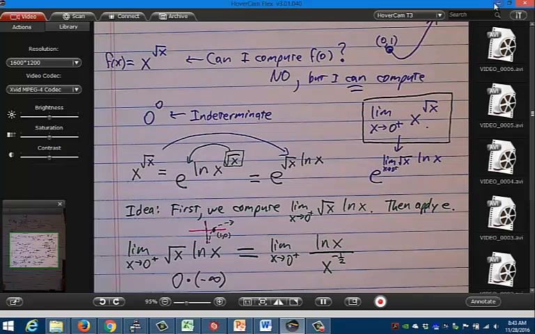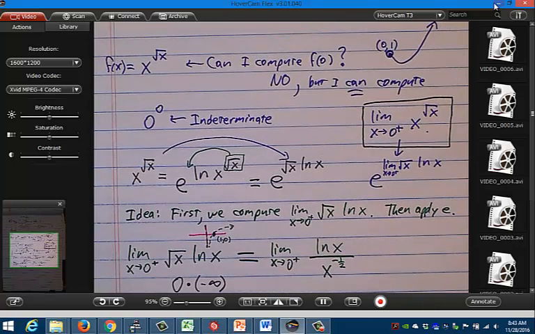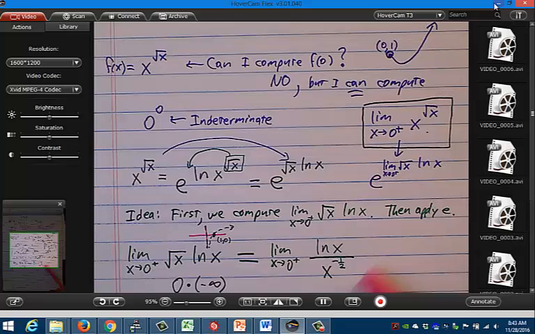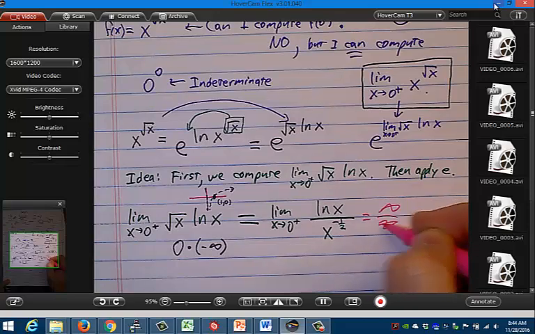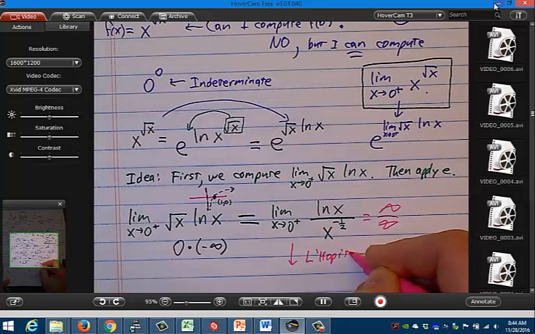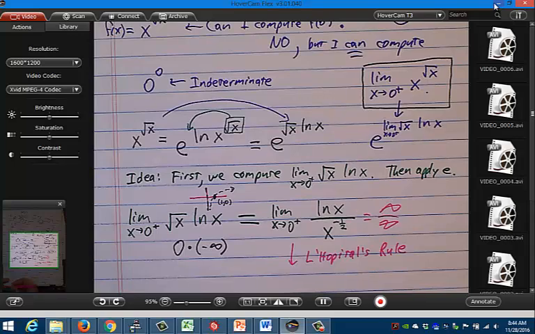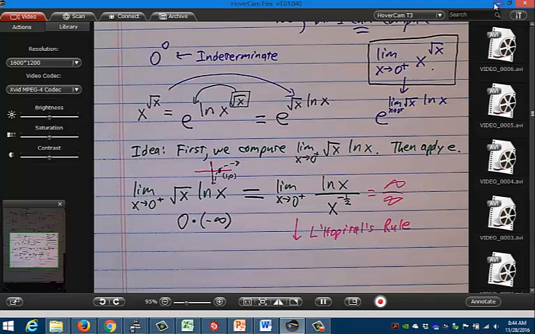Is that the way I want to do this? Yeah, I think this will work. Now if I plugged in 0, I'd have an infinity over infinity form, because when you divide by 0, that's like multiplying by infinity. So now I apply L'Hopital's rule.